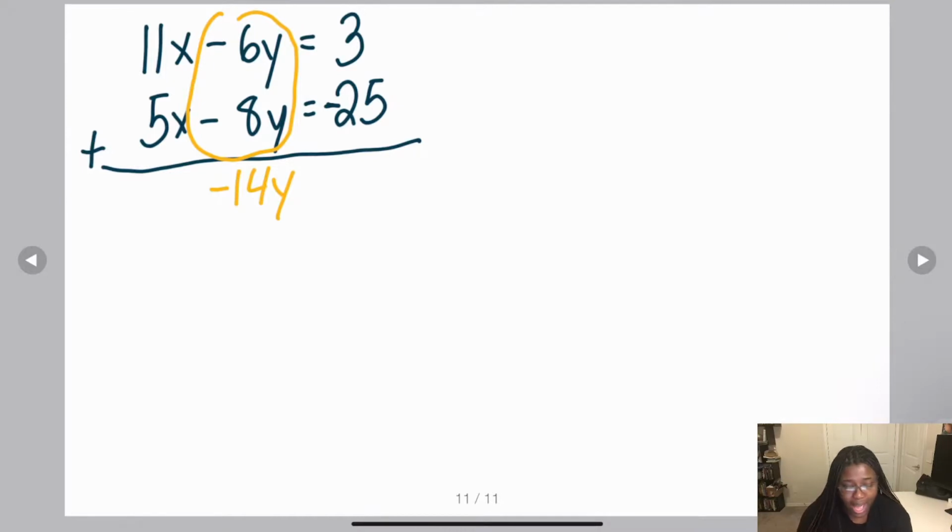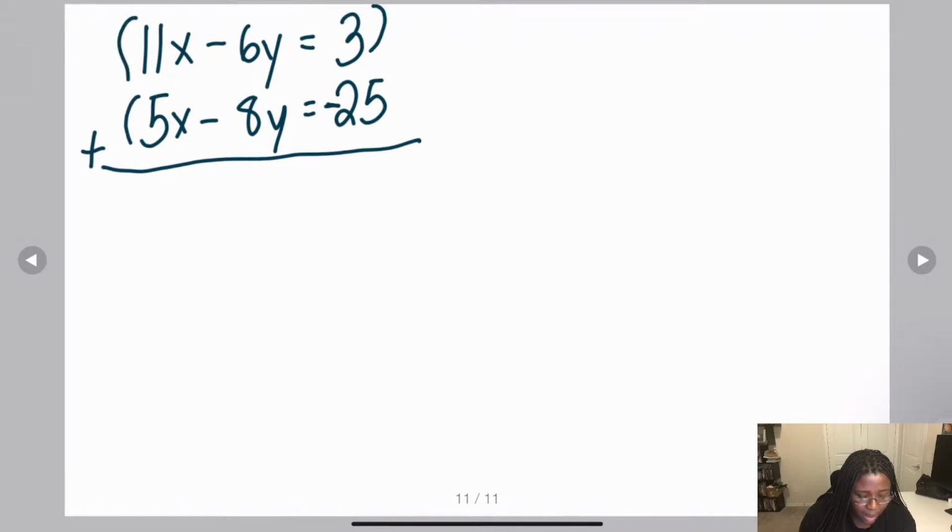So I'm going to change them so that they are the same number, but one is negative. That's the only way that I can eliminate them. So I'm going to multiply the top and the bottom. I know I have to do that because 6 and 8 are not the same number, but I want them to be the same.